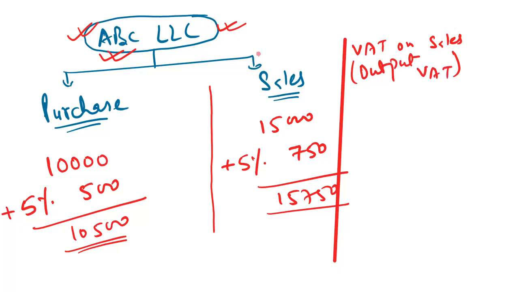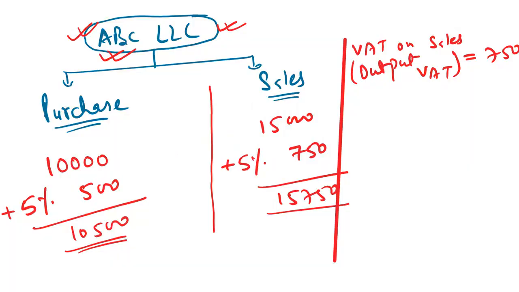This one is called what? Output VAT. How much of it? 750. Output VAT means you are giving the goods. You are selling the goods, no? So you are giving the goods to the customer and you are collecting VAT from him. So goods is going out, and you are collecting the VAT.